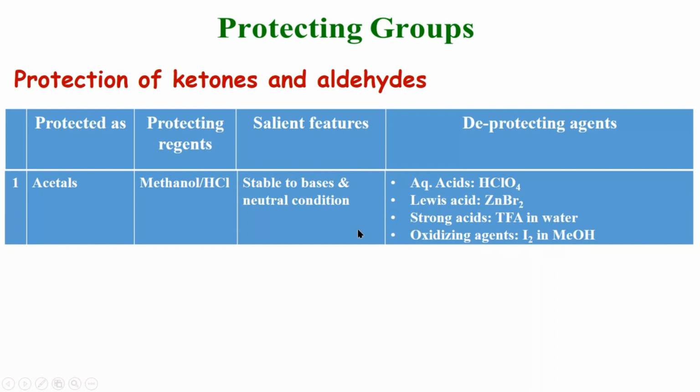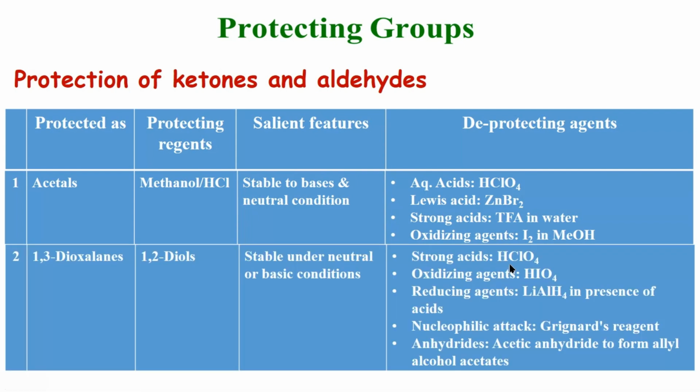The salient feature of this protection as acetal is that these acetals are stable to bases and also stable in neutral condition. That's why they are deprotected by using oxidizing agents or acidic agents.